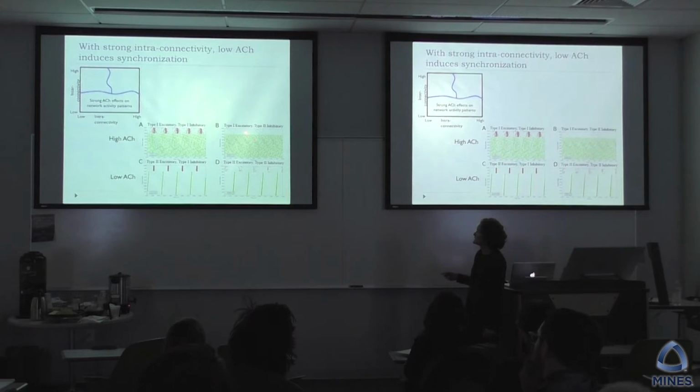For example, if the excitatory cells were type 1, meaning they don't synchronize as well, they wouldn't synchronize. But if the excitatory cells were type 2, then we would get this synchrony of the excitatory cells. It didn't matter what the inhibitory cells did in that case.